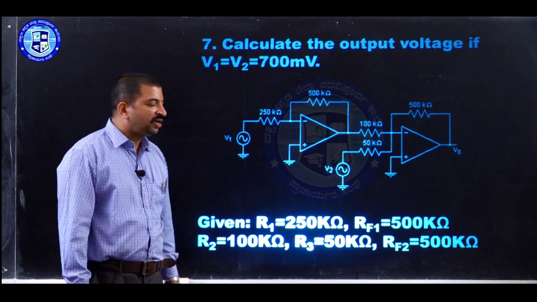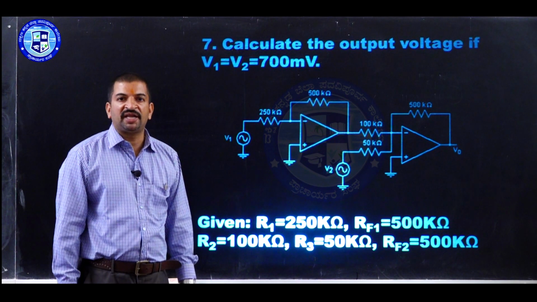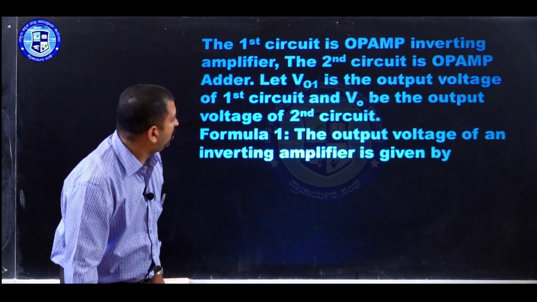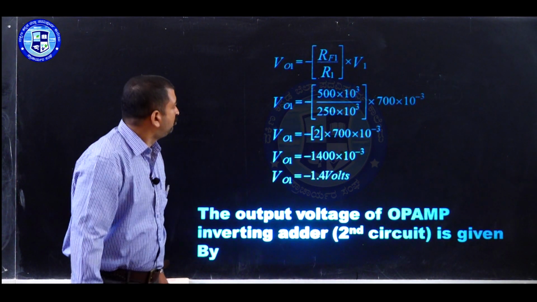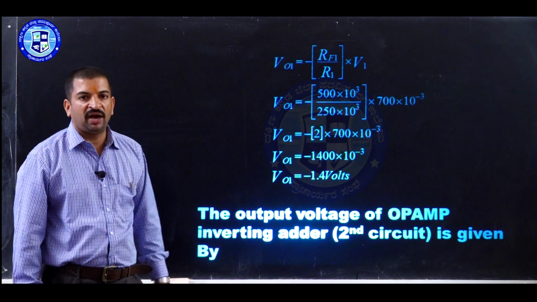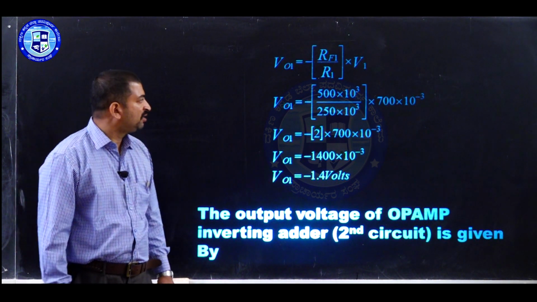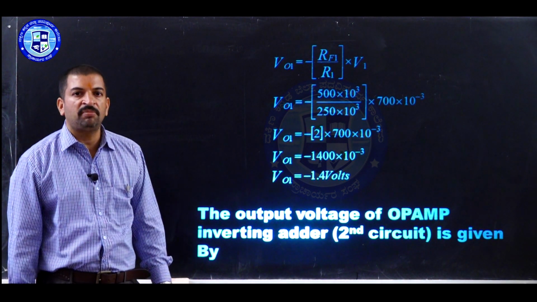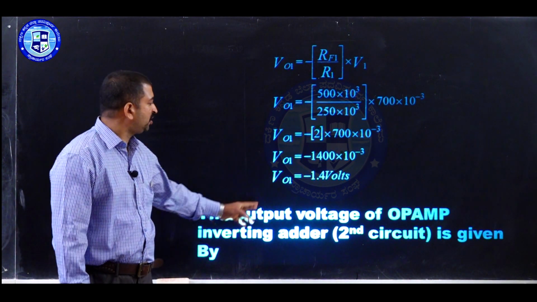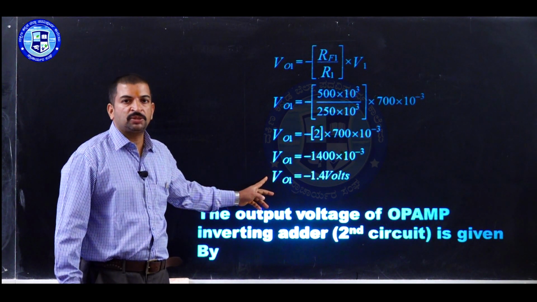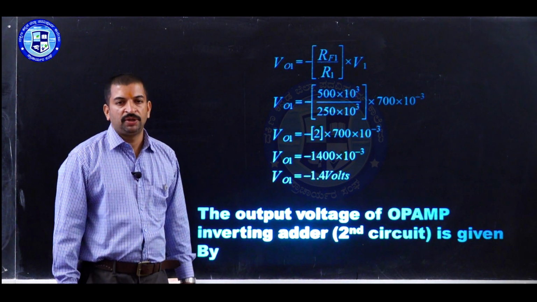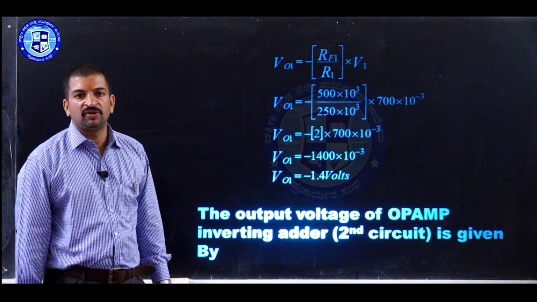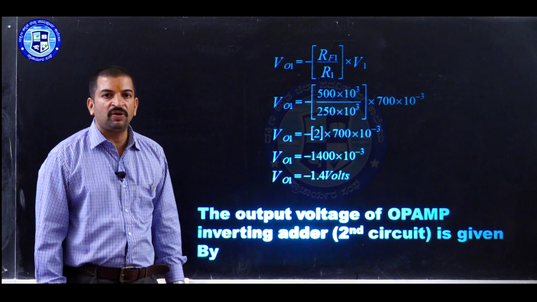We will first calculate the output voltage of the inverting amplifier, given by VO equals minus Rf by Ri into Vi. That is minus 500K divided by 250K into 700 millivolts, so the output voltage is minus 1.4 volts.